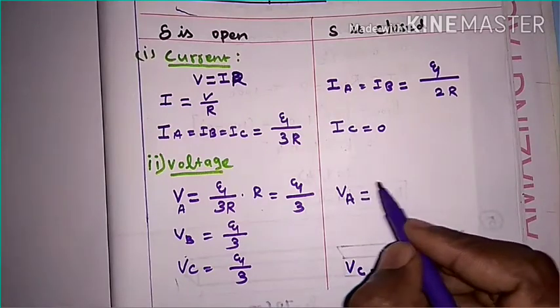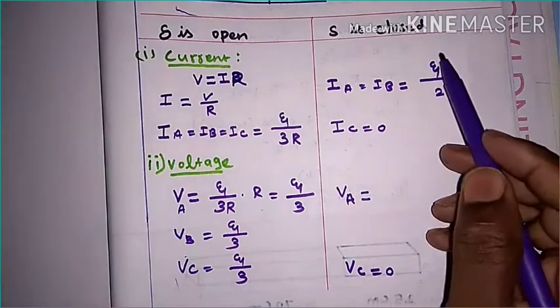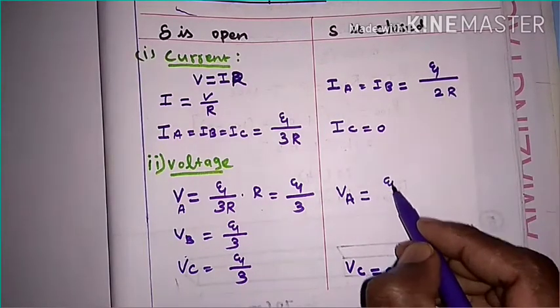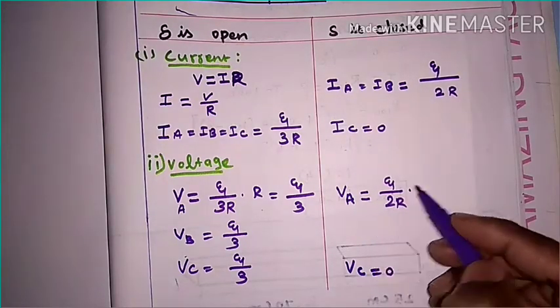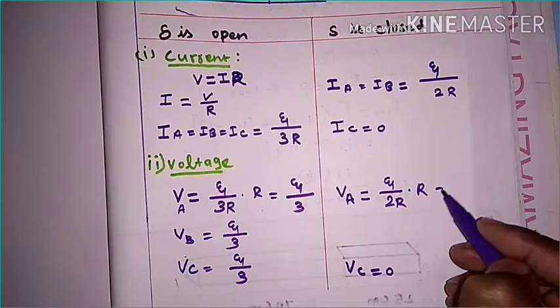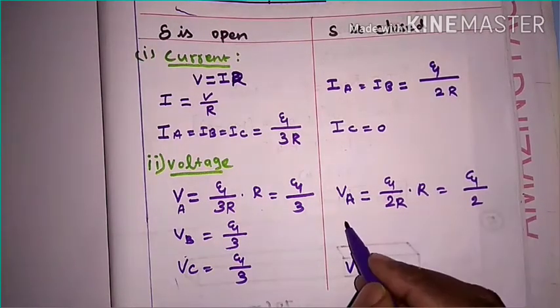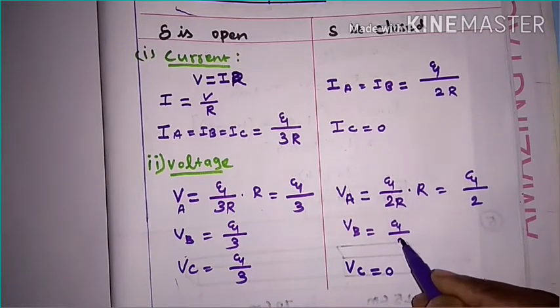VA equal to, according to Ohm's law, I into R. The value of I when it is closed is psi by 2R, into the resistance of the first resistor R. So we get psi divided by 2. Similarly, VB is also the same value, psi by 2.